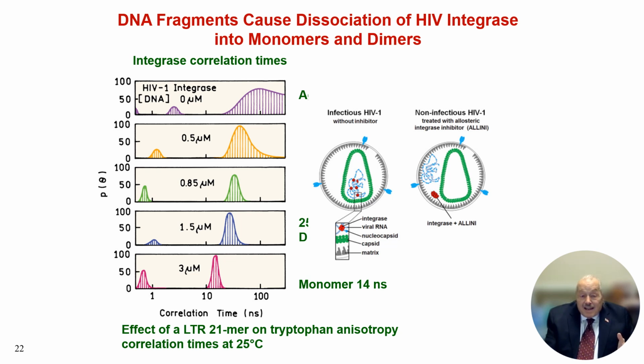So by the time you get out to 10 or 20 nanoseconds, all of the intensity is gone. So in principle, they shouldn't have been able to measure these long correlation times. Anyway, this experiment shows what can be learned from self-association of proteins just from the tryptophan anisotropies themselves.